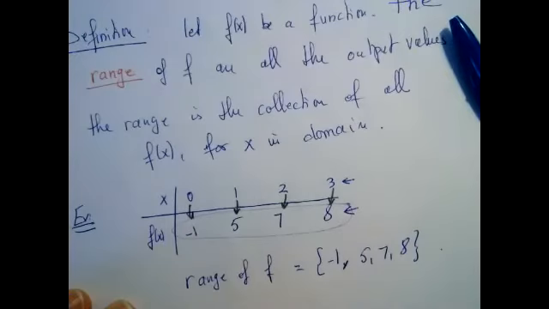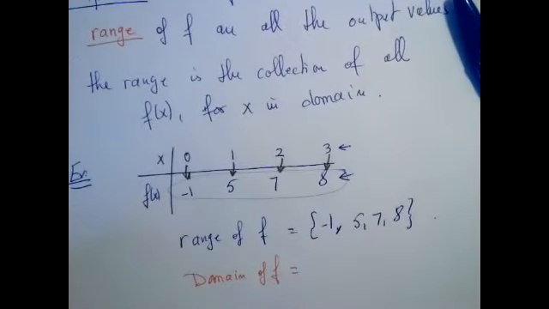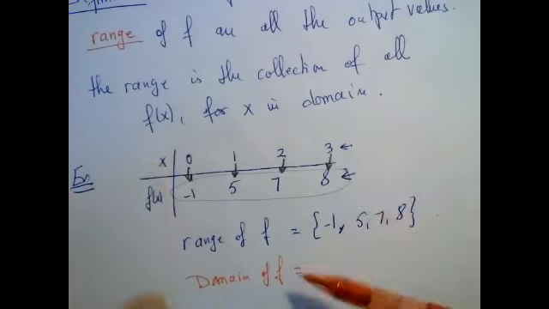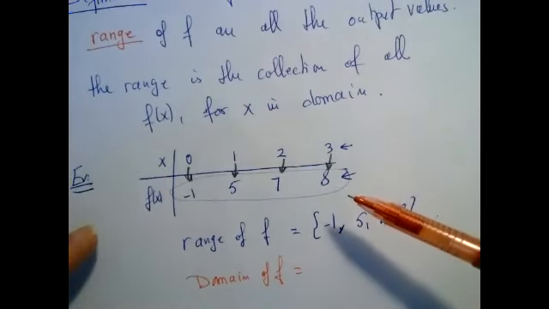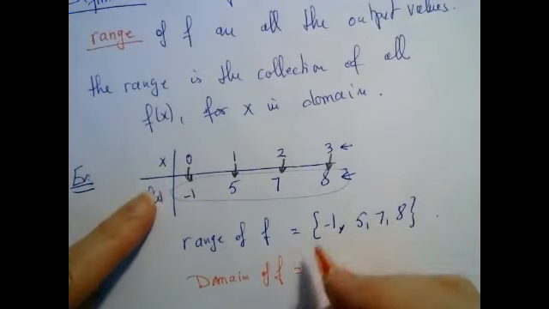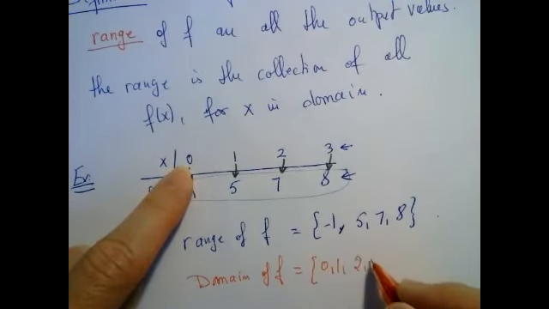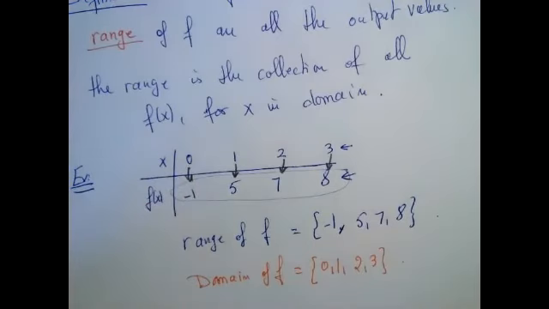So I always write both so you will not get confused with them. The domain are all the x values. The range are the y values if you want, or the f of x. So the domain here, let's not confuse them, are the inputs. That's my domain. But the range are all the f of x.